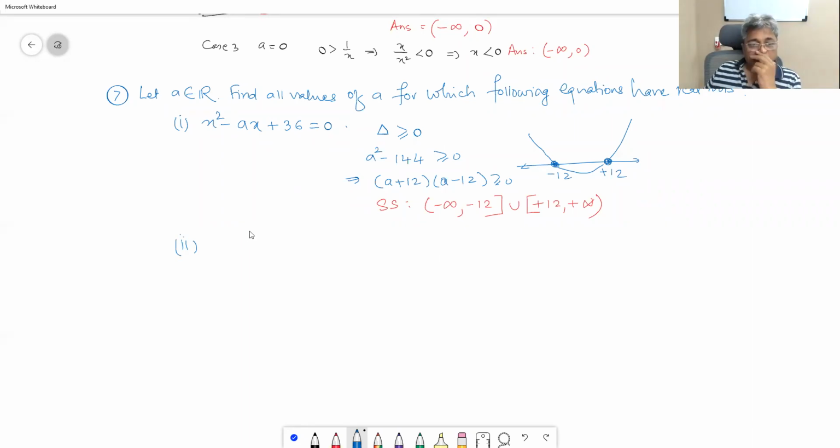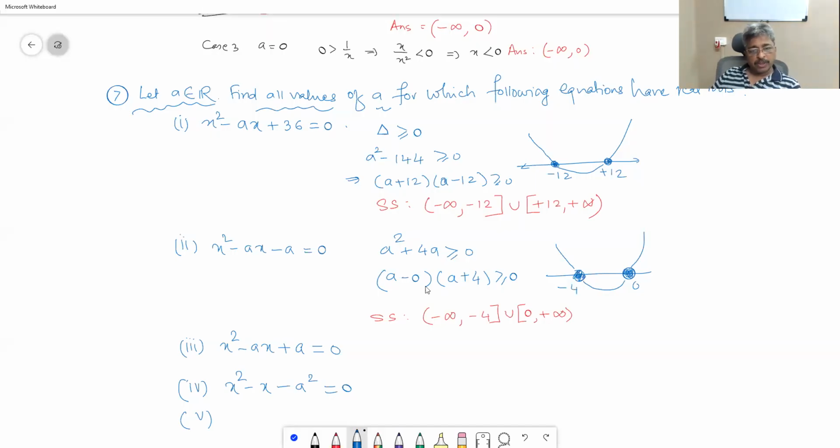Next, x square minus ax minus a is equal to 0. The statement of the problem is the same. Find all values of a such that this quadratic equation has real roots.